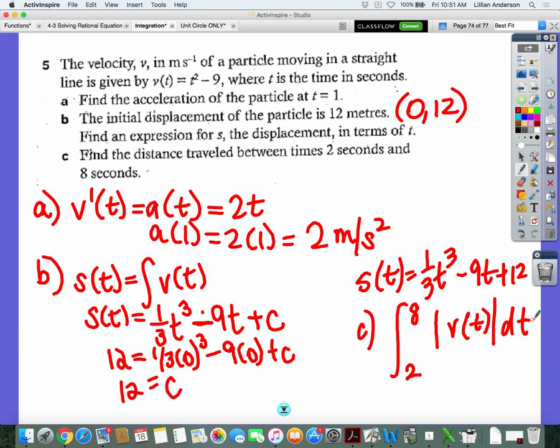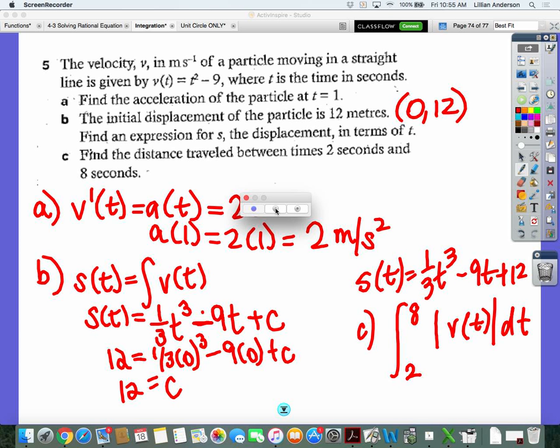You could plug this into your calculator, or you could do it by hand because it is pretty simple numbers. Either way, you should still get the same answer. This is a calculator problem, so you can use your calculator. I'll let you choose, but you do need to get me the total distance traveled. Figure out the total distance traveled.